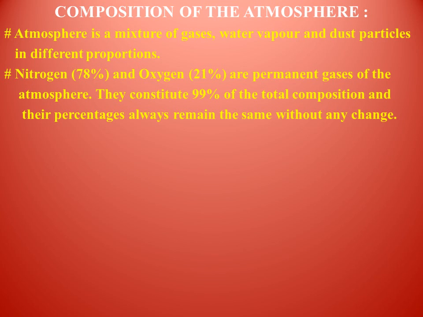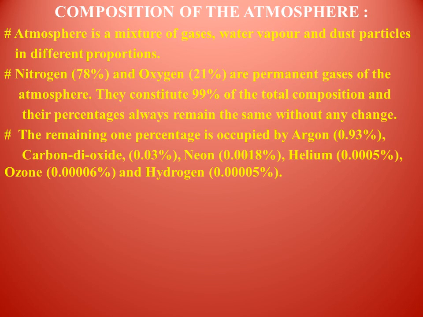The remaining 1% is occupied by argon 0.93%, carbon dioxide 0.03%, neon 0.18%, helium 0.05%, ozone 0.06%, and hydrogen 0.05%. And also krypton, xenon, and methane are present in trace amounts.